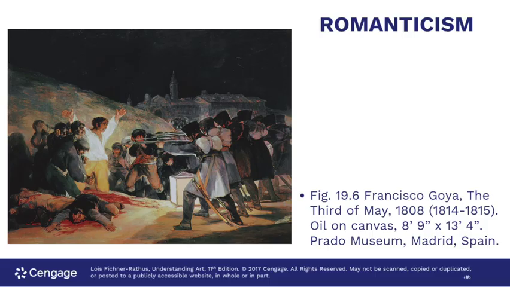So this most famous one is the 3rd of May, 1808, and it commemorates a massacre of the peasant citizens of Madrid after the city fell to the French. Some of the things that we might remember about Baroque art with the kind of spotlight effect, that tenebrism, where you have a little spotlight shining on the scene.